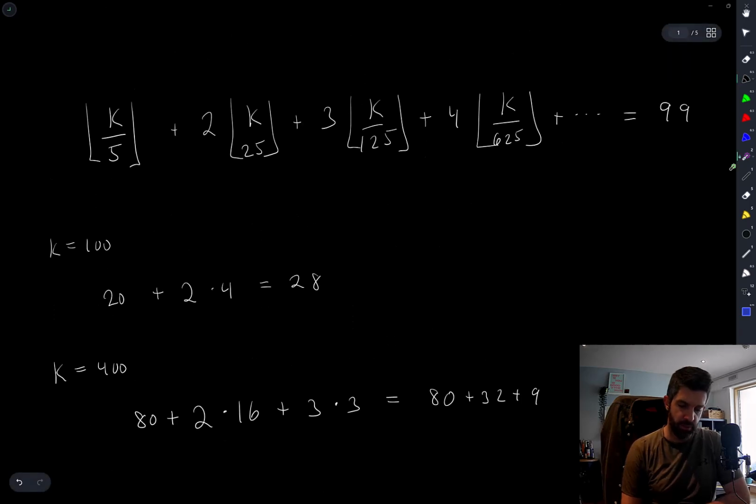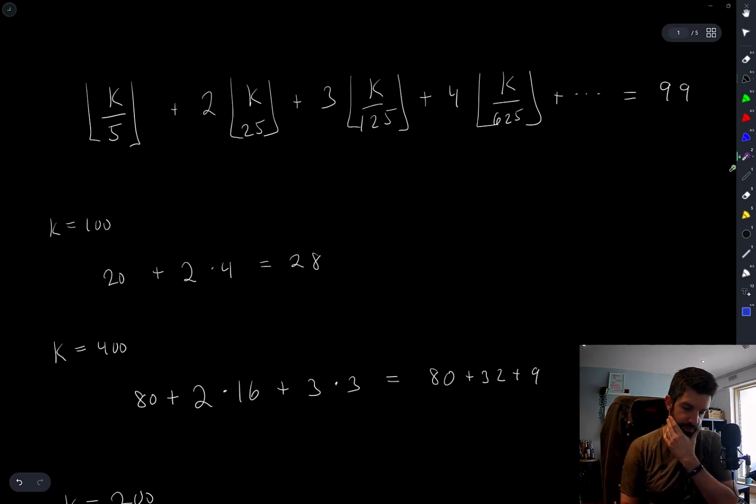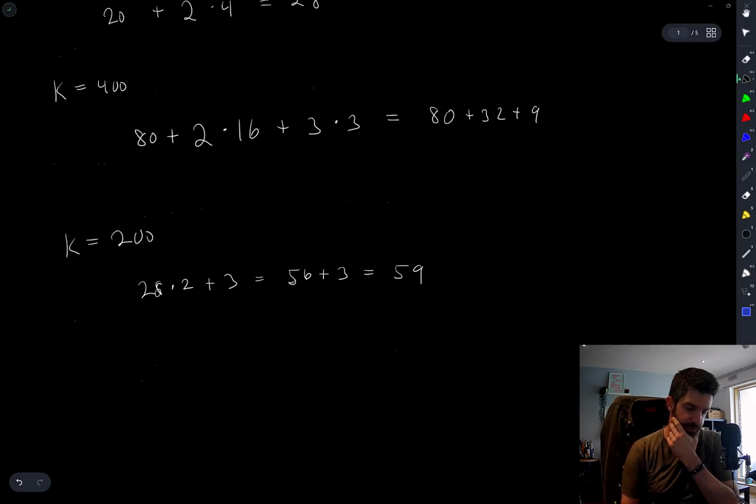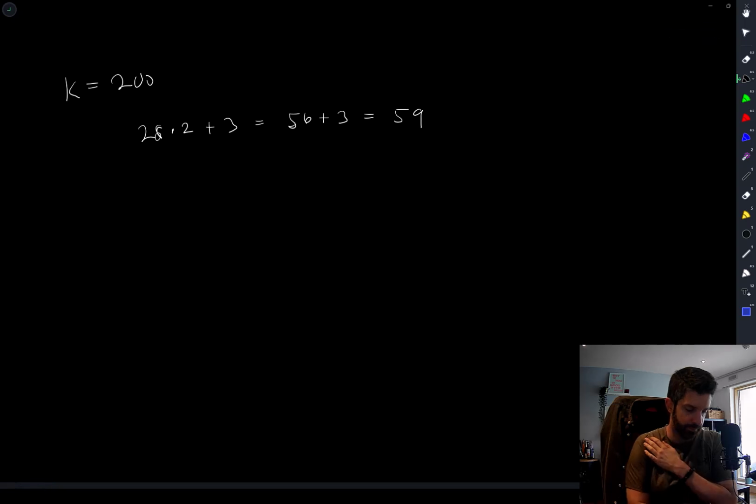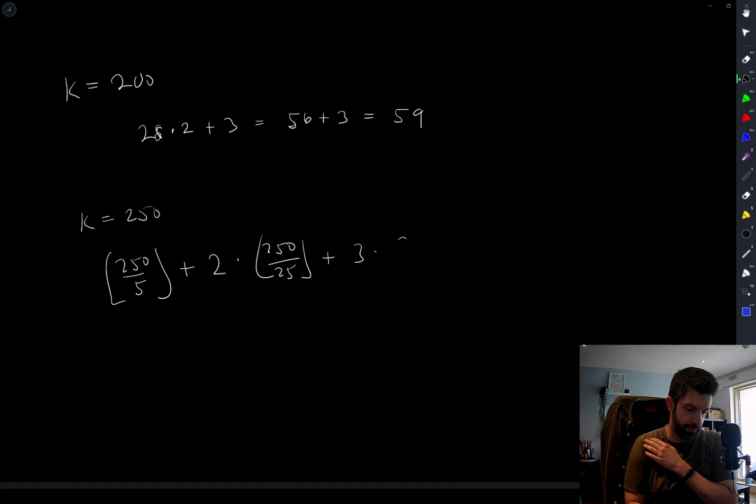What if I go up and look at the powers of 5? Well, no, 625 is already too high. 125 times 2 is 250. Okay, so 250 over 5 plus 2 times 250 over 25 plus 3 times 250 over 125.